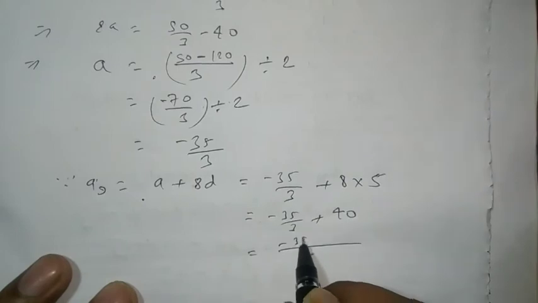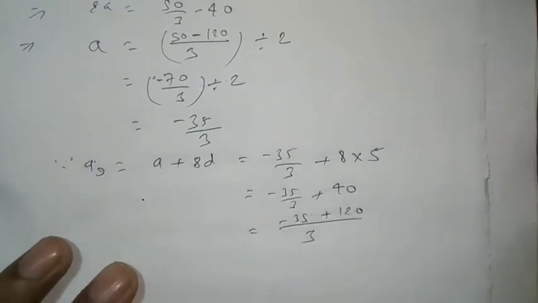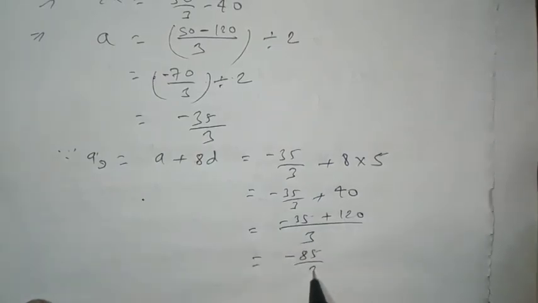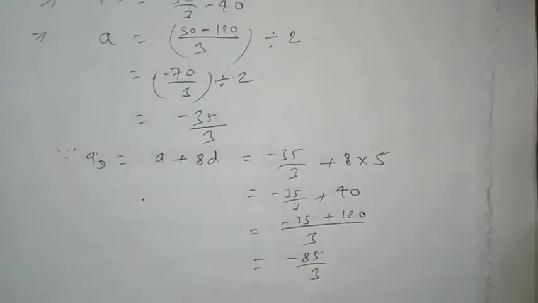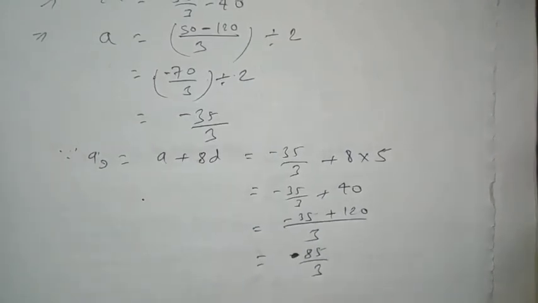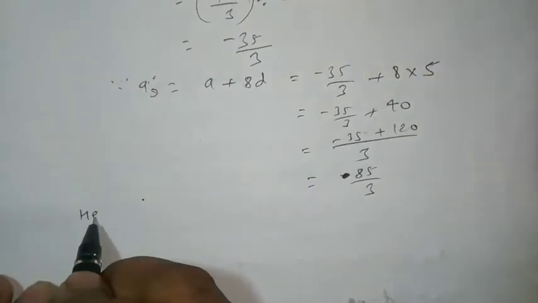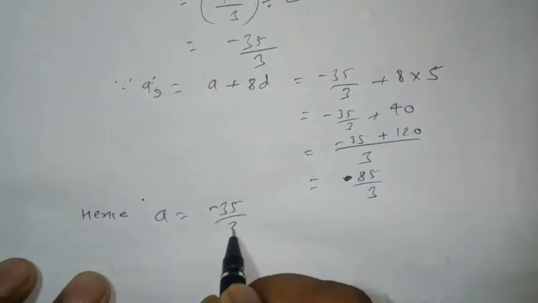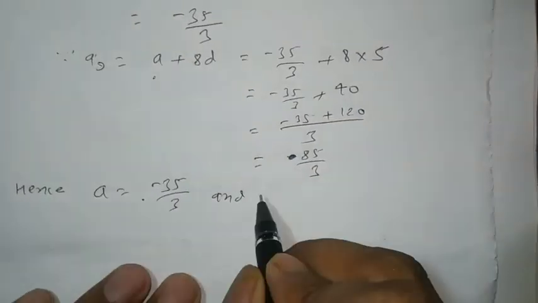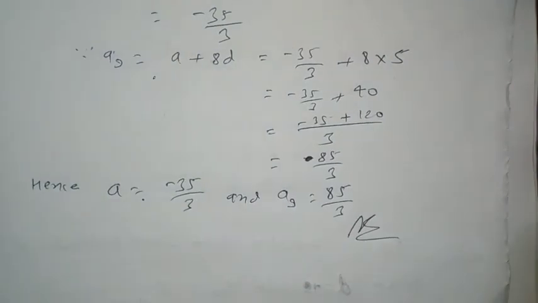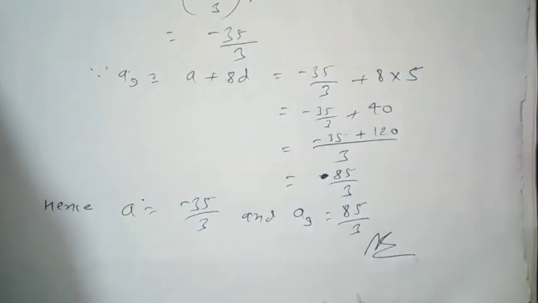LCM 3, so minus 35 plus 120 is equal to 85 by 3. Hence a is equal to minus 35 by 3 and A9 is equal to 85 by 3. Answer. Now the next question, question number 6.